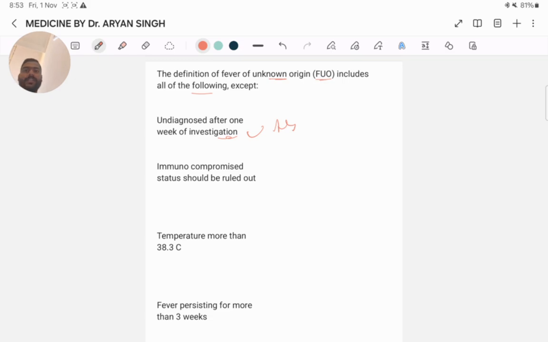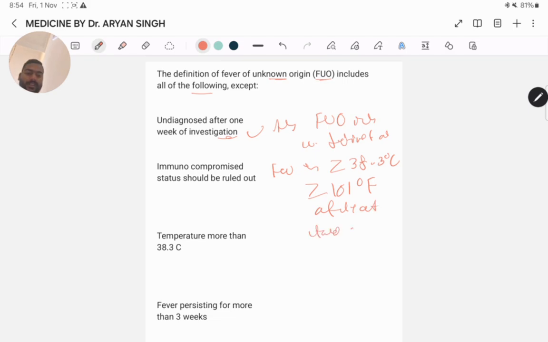That criterion was previously a part of the definition but has been removed. FUO is currently defined as fever of more than or equal to 38.3 degrees Celsius or 101 degrees Fahrenheit on at least two occasions, with duration of more than or equal to 3 weeks, in a patient with no known immunocompromised state.